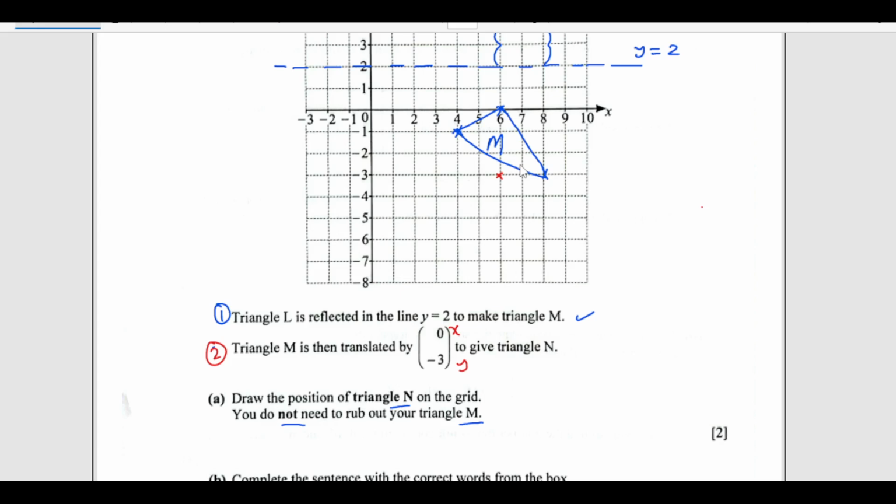This one is 1, 2, 3. So, this is our new triangle. Please use your ruler. So, this is triangle N, the final triangle that we are asked for.